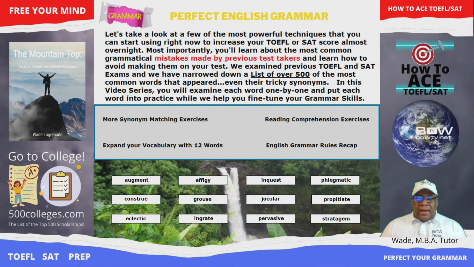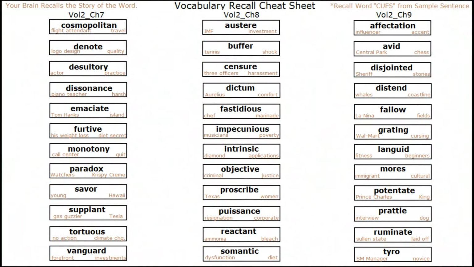We hope this is very helpful for you, and by all means, definitely use your vocabulary recall sheets. You can fill them out in this manner, and then go back using the links in the video description box to take a look at the sample sentence that we used.